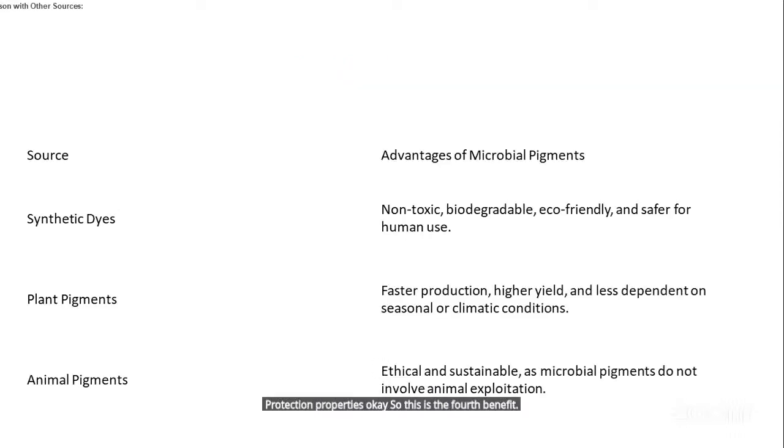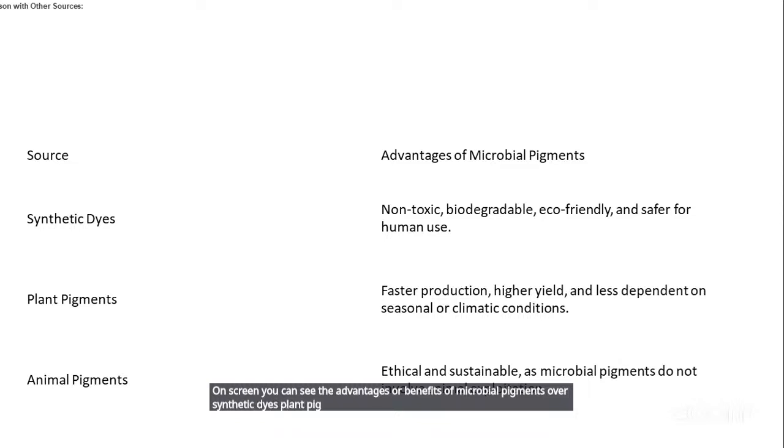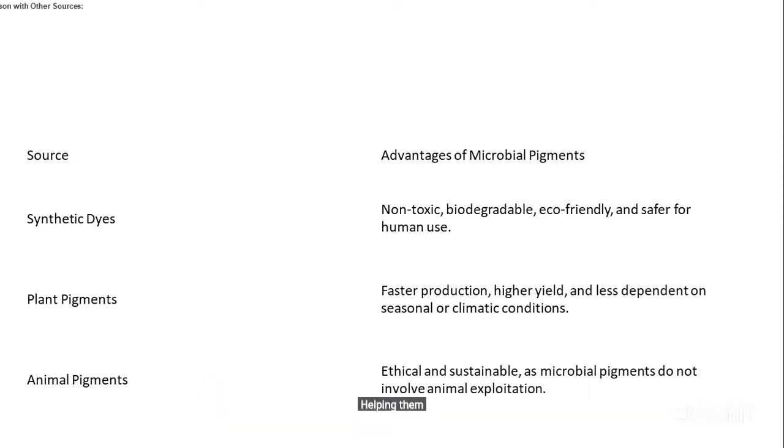Now, on screen, you can see the advantages or benefits of microbial pigments over synthetic dyes, plant pigments, and animal pigments. Okay, so if we talk about synthetic dyes, as I have told you many things, but specifically in comparison with synthetic dyes, they are non-toxic, biodegradable, eco-friendly, and safer for human use.